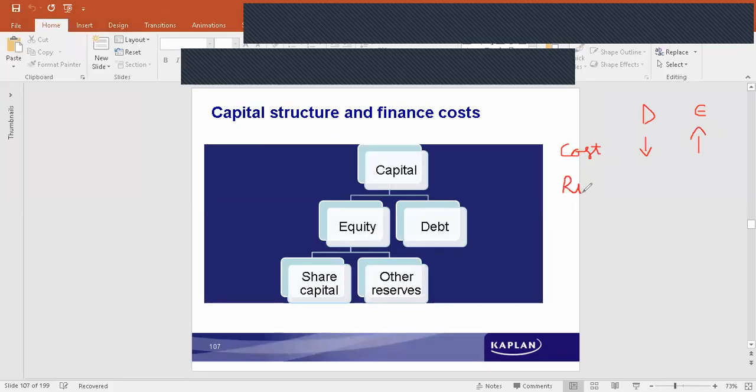debt. Though it is a tax deductible cost, irrespective of whether a profit is made by the business or not, interest has to be paid. It is a fixed obligation. Plus, there is a maturity period. At the end of the maturity period, the total amount has to be repaid to the debt holders.